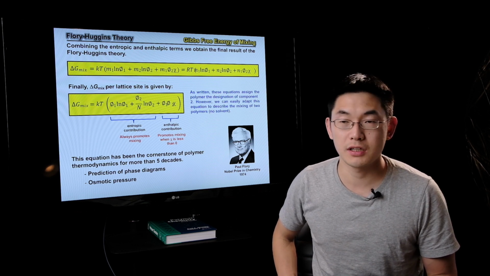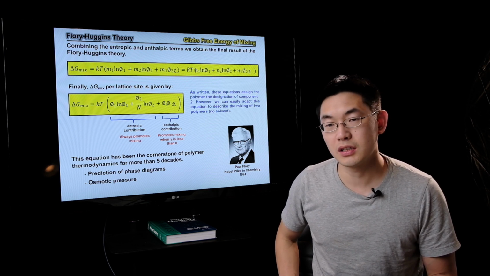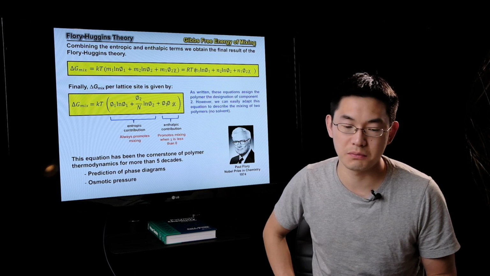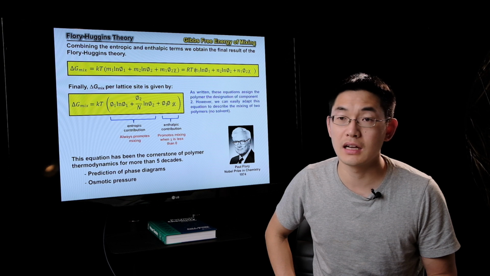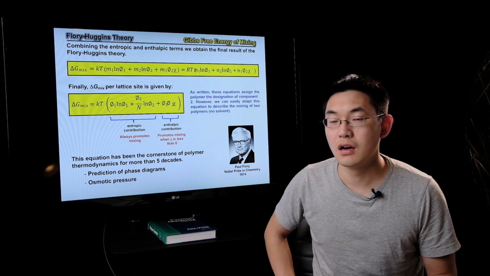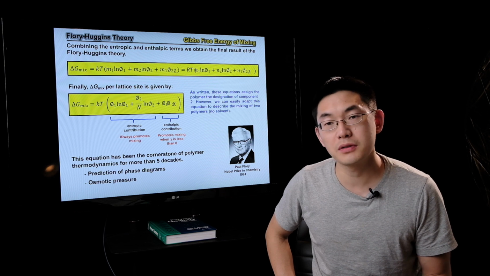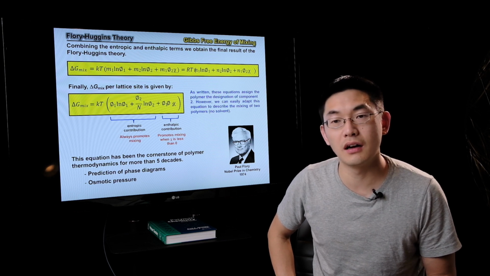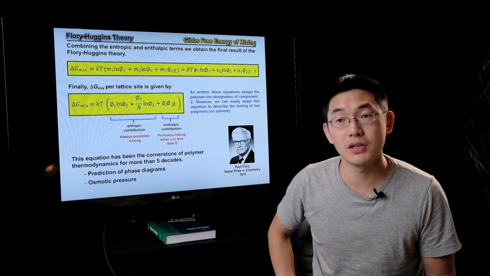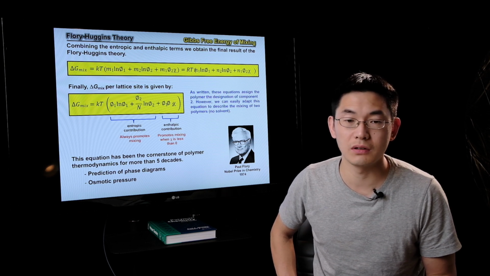First is osmotic pressure, which we're going to talk about in the next lecture, to discuss what osmotic pressure is and how it is impacted by the Flory-Huggins theory. The other, more important one is the phase diagram. The prediction of the phase diagram can be achieved using the Flory-Huggins theory.